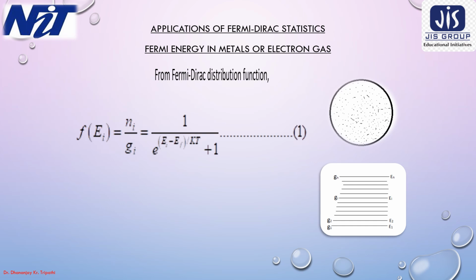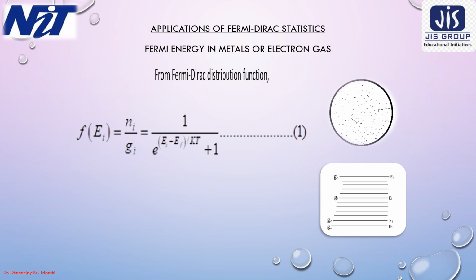So can we say that the electrons resemble the gaseous molecules and the conductor or metal resembles the gaseous enclosure, and hence the conductor or metal should be called the electron gas, which is made of electron particles.